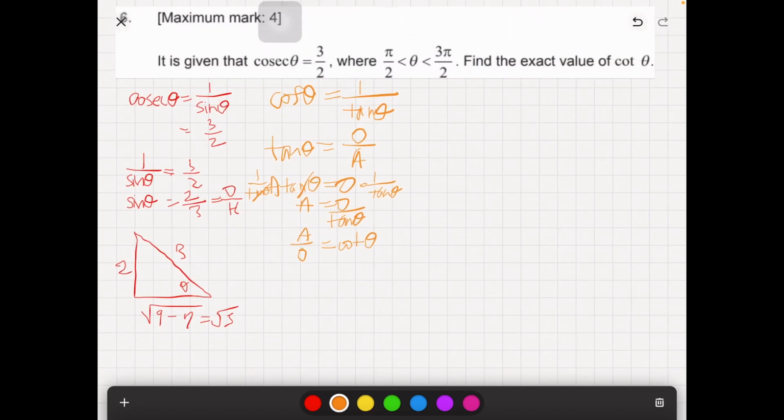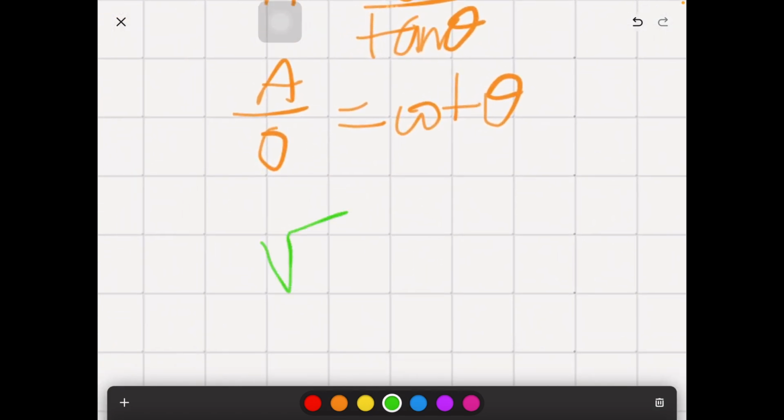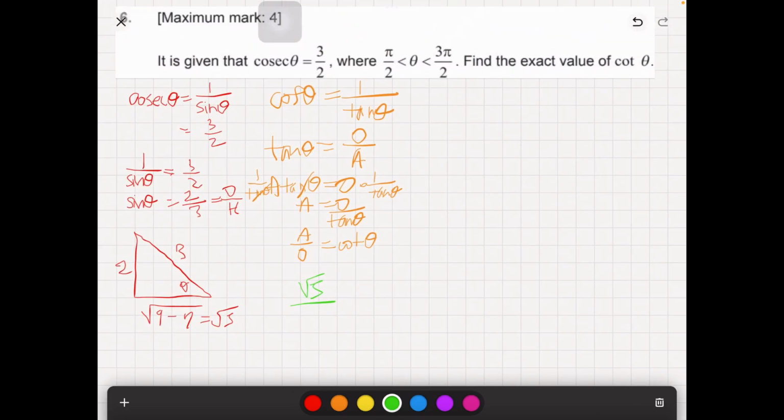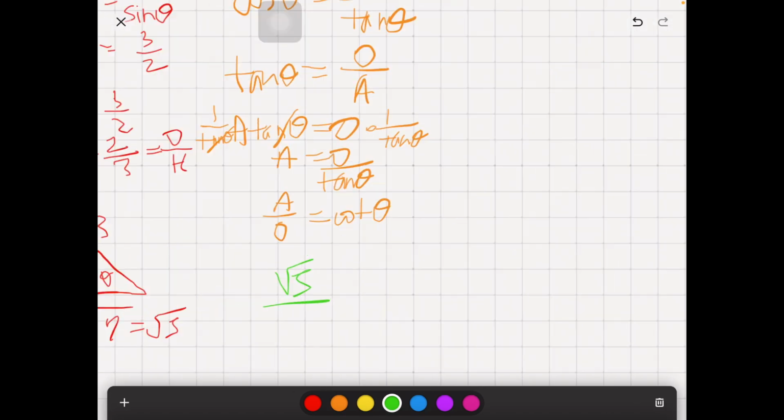So for cotangent theta, we're looking for A over O. If we go back to the diagram right here, we can see that the adjacent side is root 5. So let's write that down. And then we know that the opposite side is 2.